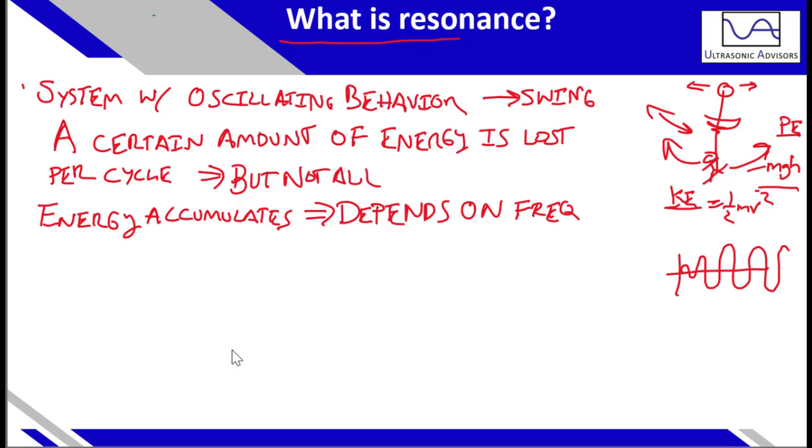So let's take the hypothetical example that you were able to hold on to the swing at all points. Okay, you were stationary, you were able to hold on and apply force wherever, like you could apply your pushing force, whether the child was at the bottom, the lowest point of the swing, the highest, or the farthest back, which usually is not the case.